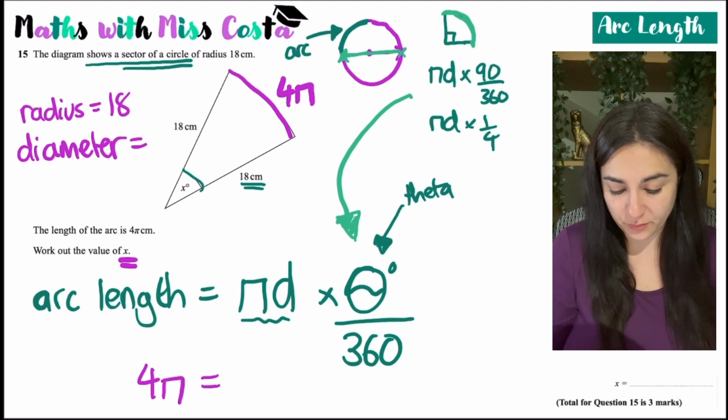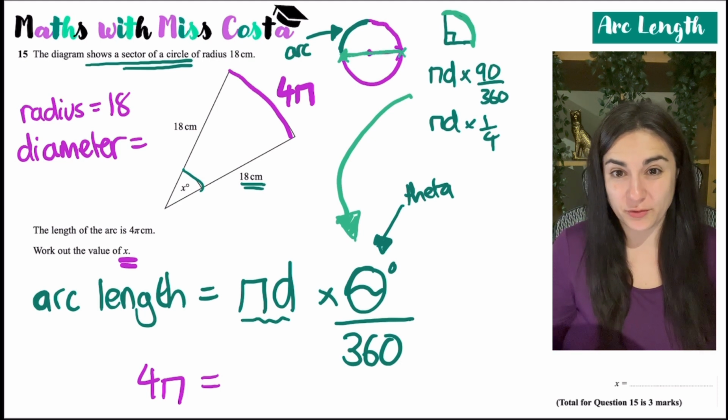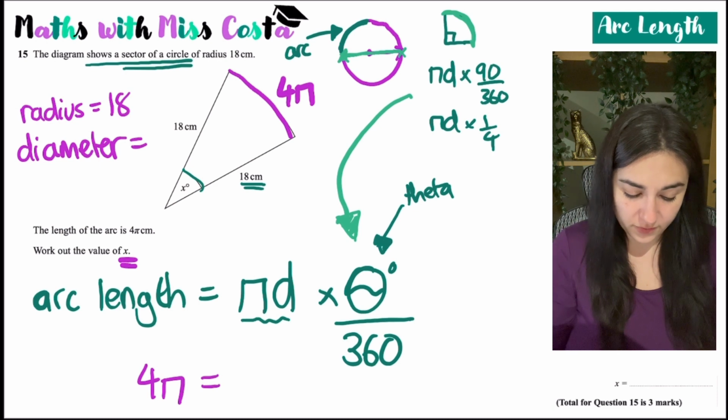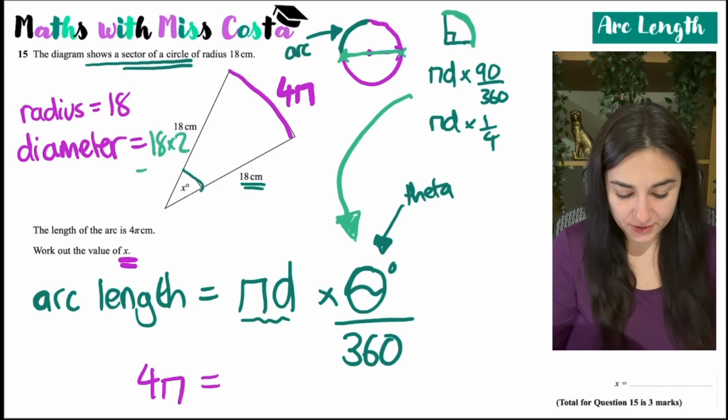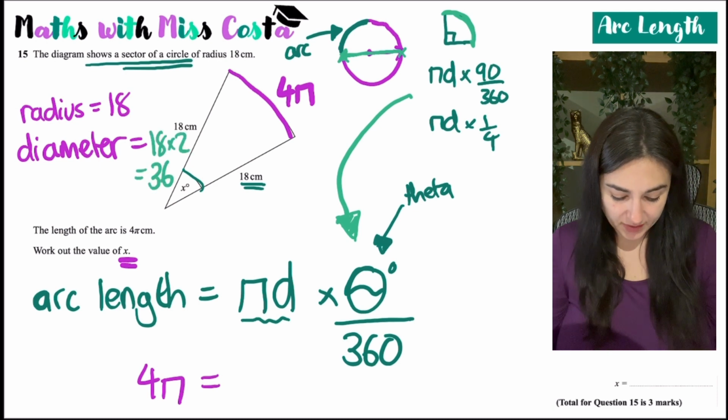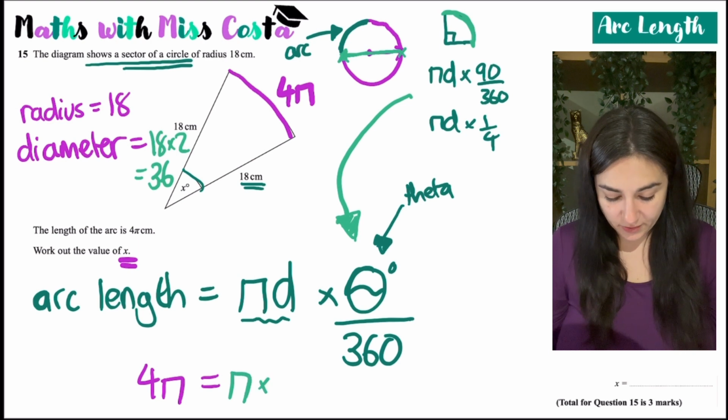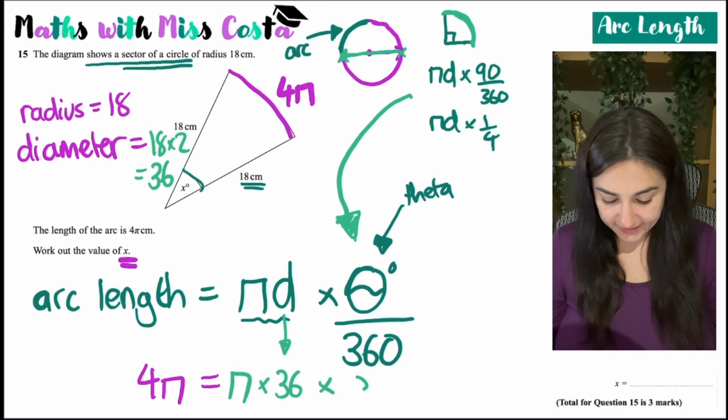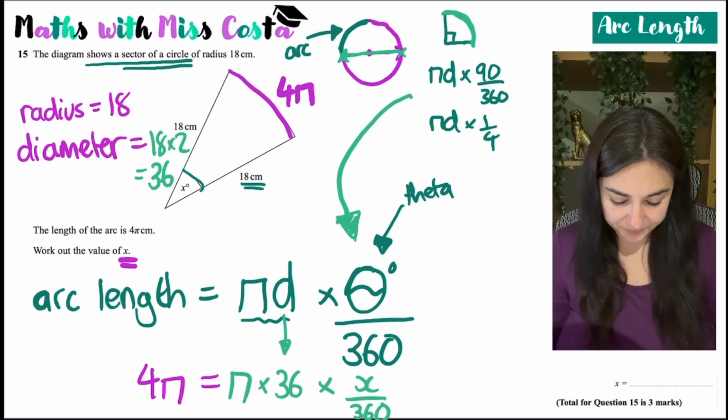So it goes through the center, so it's essentially 2 lots of the radius. Therefore the diameter is going to be 18 times 2, which is 36. So I can substitute that into my equation. I don't know what x is, so I'm just going to leave that, but I know that it's over 360.